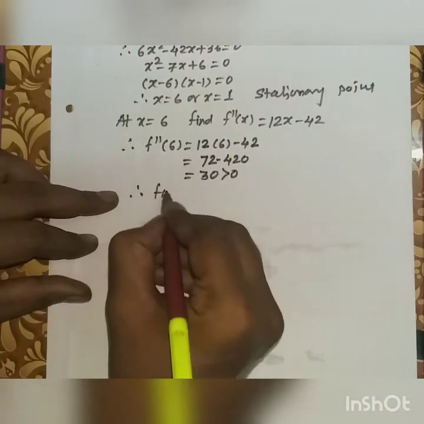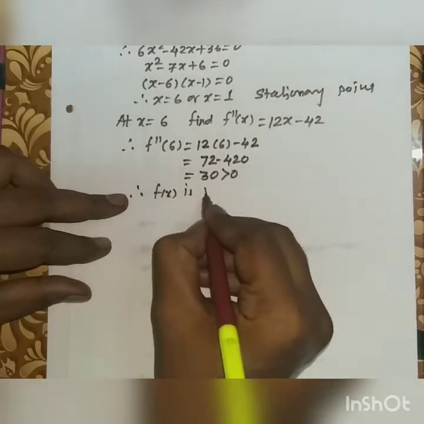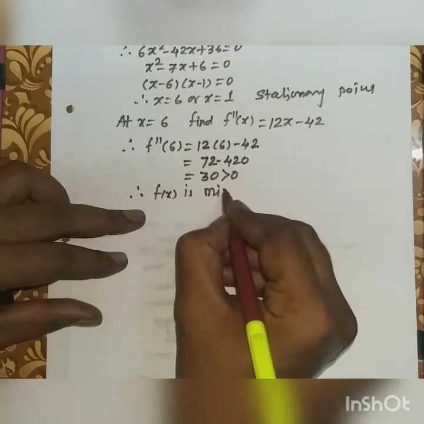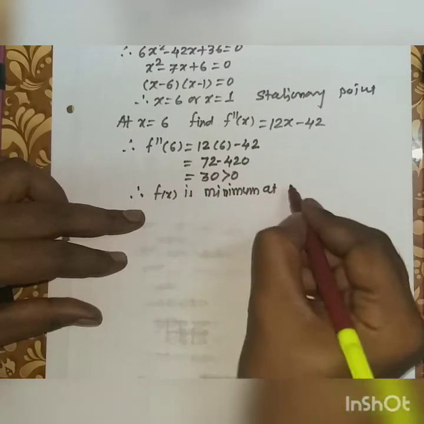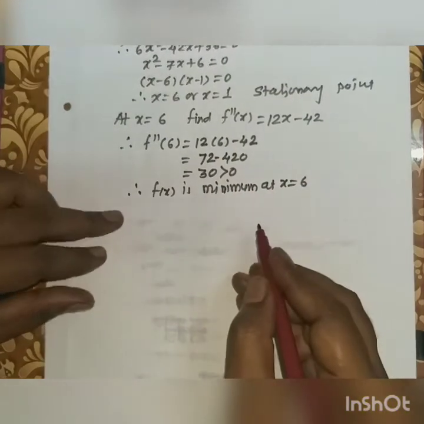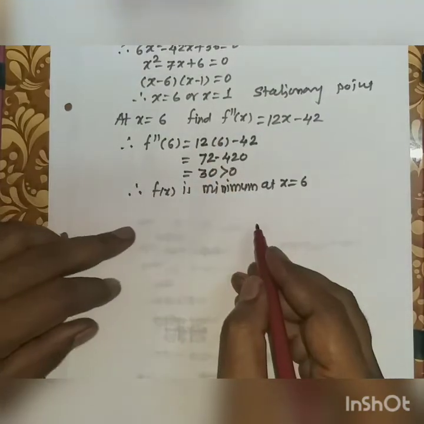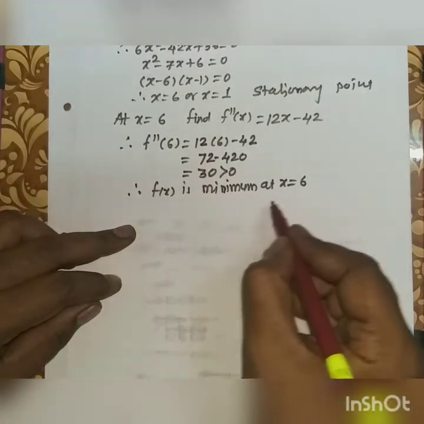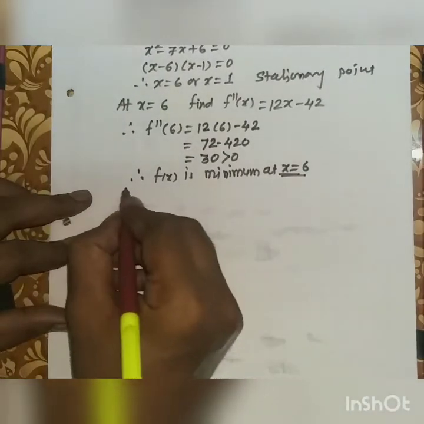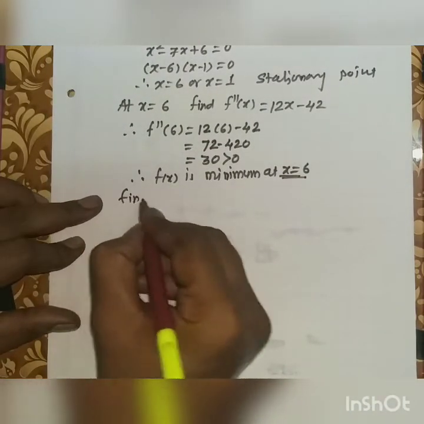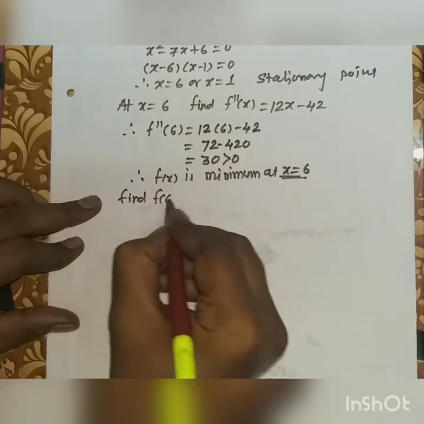Therefore, f of x is minimum at x is equal to 6. Because the second order derivative is positive at 6, the function is minimum. Now find f of 6.